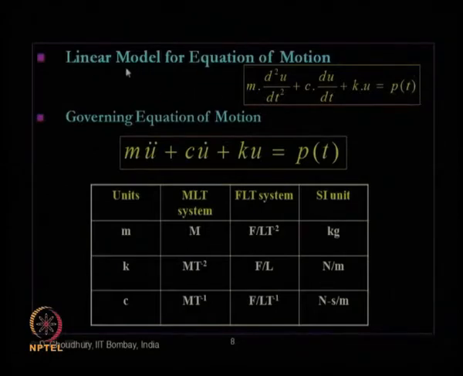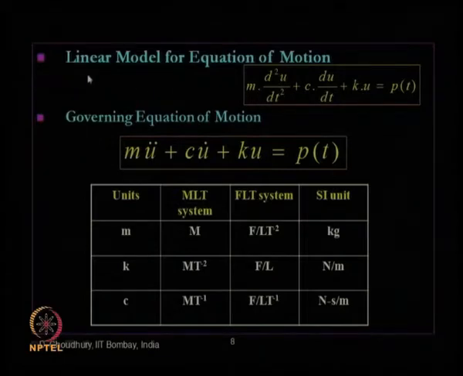This is for a linear model, because the assumption is that mass is not changing with time. So it is a constant, the damping constant remains constant, and the spring constant is also not changing with time. So this is for a linear spring, a linear damper, and a constant mass system.